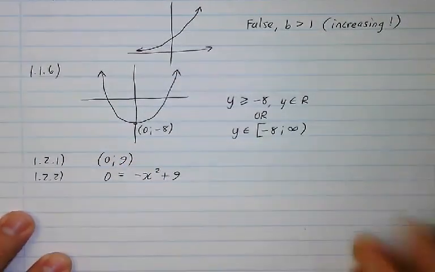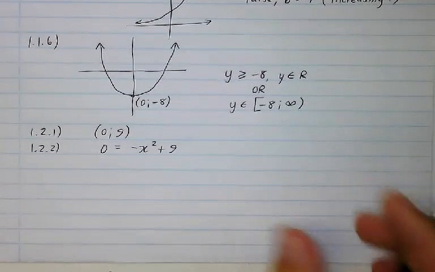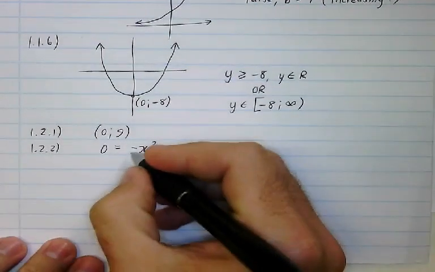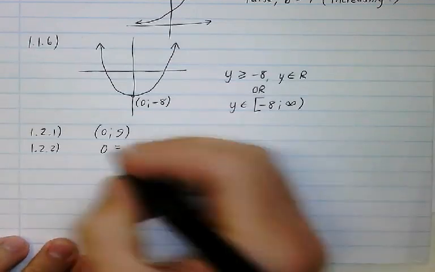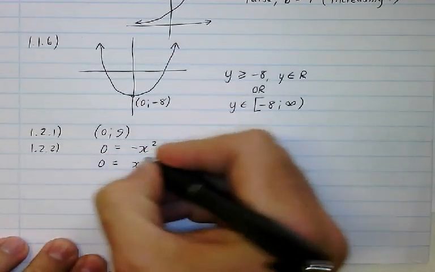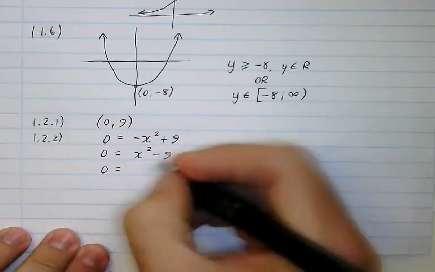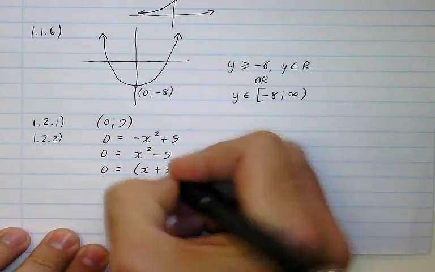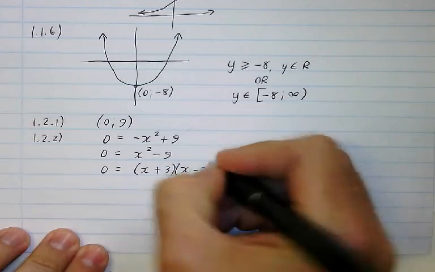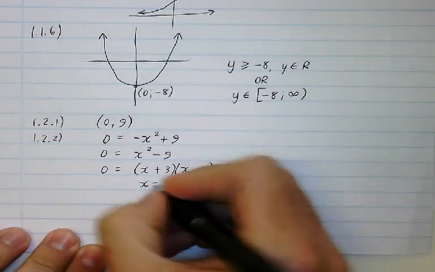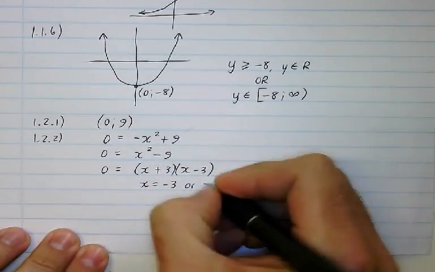We've got two ways to tackle this answer. We could divide everything by -1 to change the signs, giving us x² - 9 = 0. Using difference of two squares, we know there are going to be two answers, (x + 3)(x - 3), making x equal to either -3 or +3.